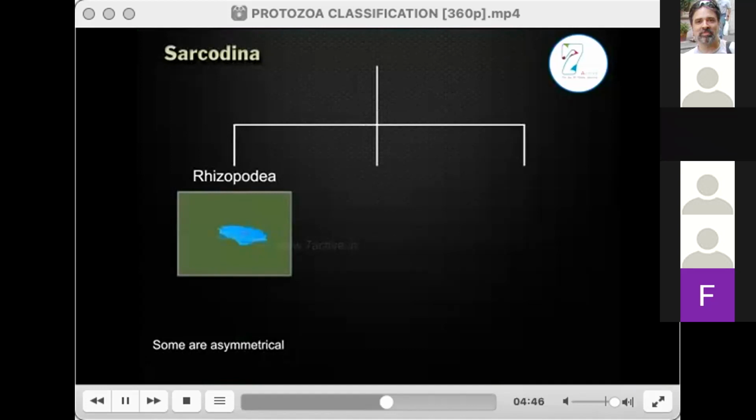Class 1, Rhizopodia. This class includes amoebas, forams, and mycetozoans, the slime molds, mostly free-living, few are parasites. Pseudopodia like lobopodia, filopodia, or reticulopodia are present. Amoeba have lobopodia or filopodia, and foraminiferans have reticulopodia.